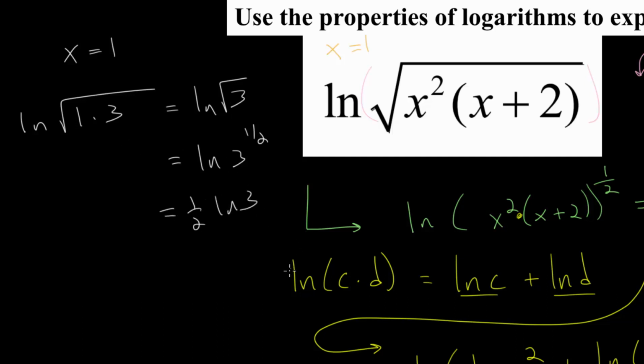But if we want to avoid using exponent properties to check this, since we use that to actually simplify everything, we can just plug both of our expressions into the calculator and show that this is approximately equal to 0.5493 and so on, since it's irrational.